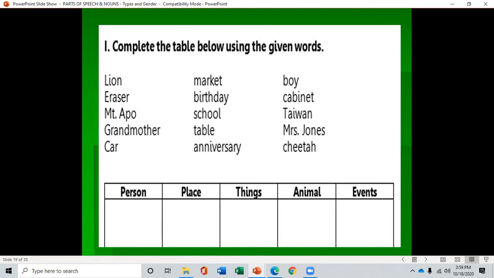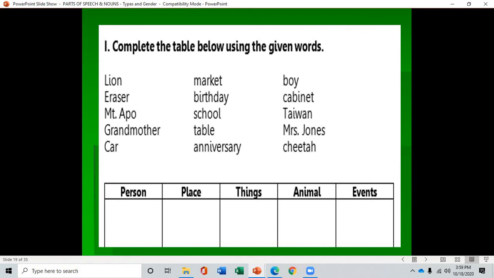So I want you to take a look at this table or activity. You can pause this activity, or you can pause in your YouTube while you are watching right there. So complete the table using the given words, okay? So I want you to think of your answer.